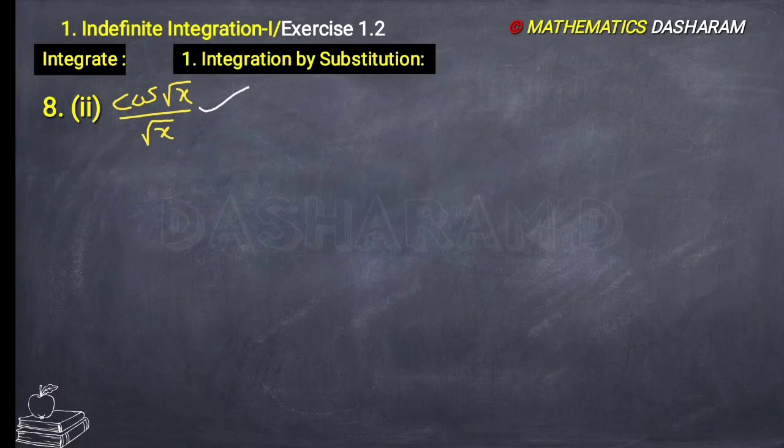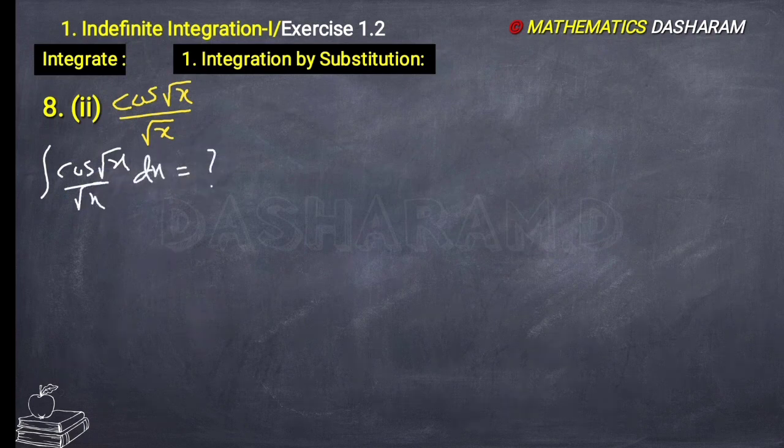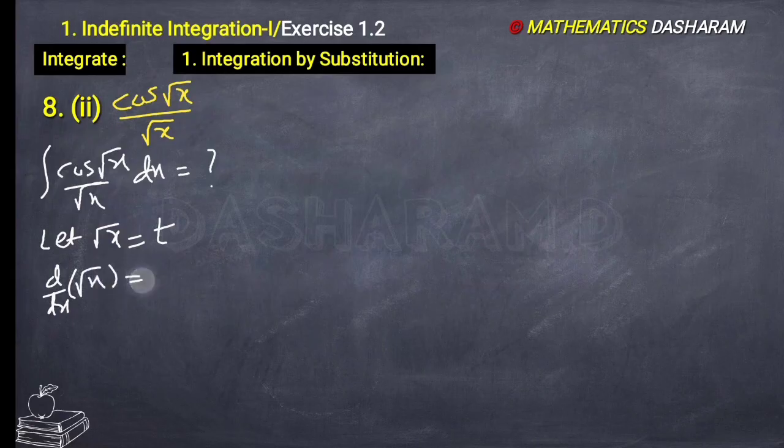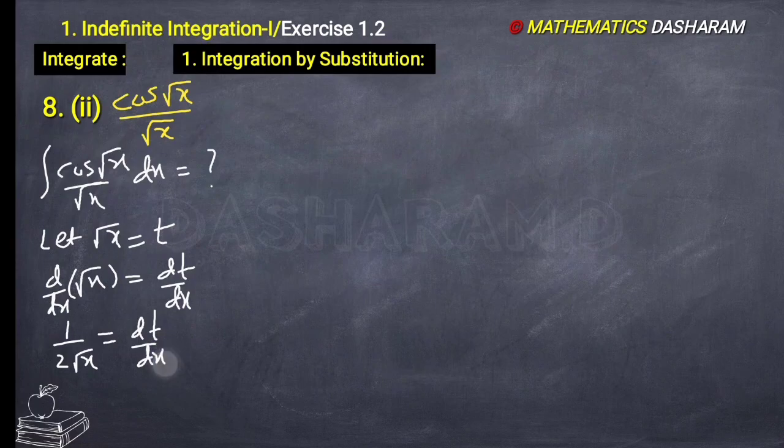Second question, cos root x by root x. So integration of cos root x by root x dx. We have to find this answer. First I am going to select root x equals t. Then the derivative d by dx of root x equals dt by dx, so 1 by 2 root x equals dt by dx.